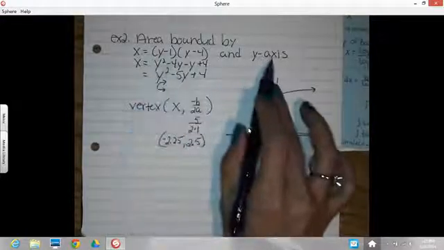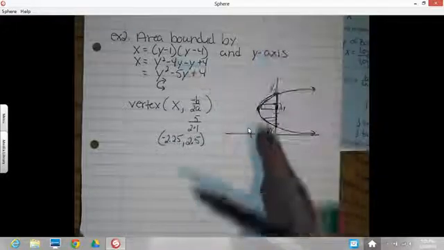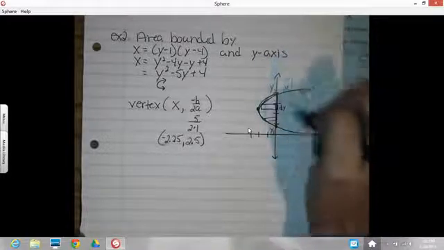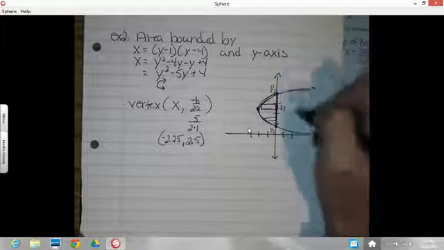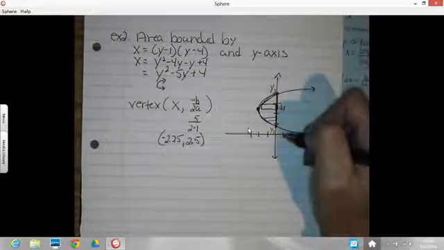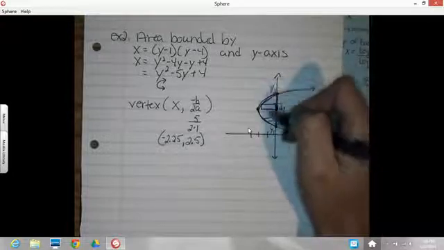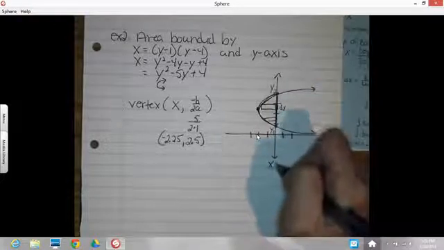Think of the y-axis as a vertical line, and all vertical lines can be written in the same way. If I had a vertical line going through 2, it would be x equals 2. Going through 1, x equals 1. Going through negative 1, x equals negative 1. So the y-axis has the equation x equals 0.